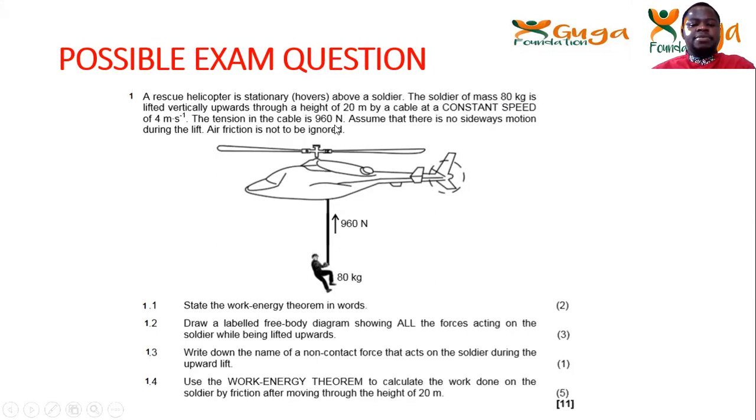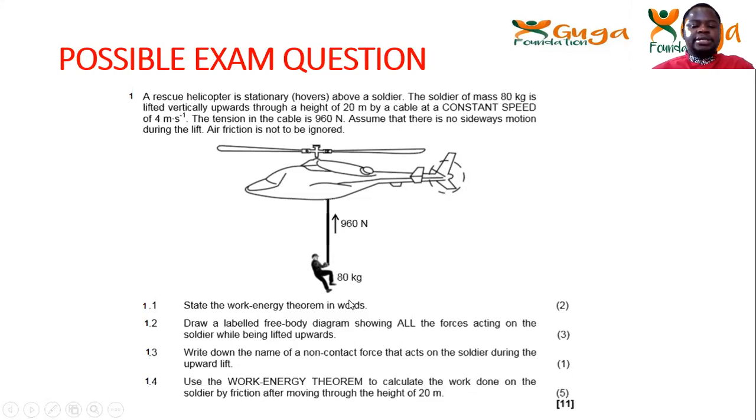The tension in the cable is 990 Newton. So this tension is sort of an applied force. Assume that there is no sideways motion, so there's no left or right during the lift. Air friction may not be ignored. It's not to be ignored.